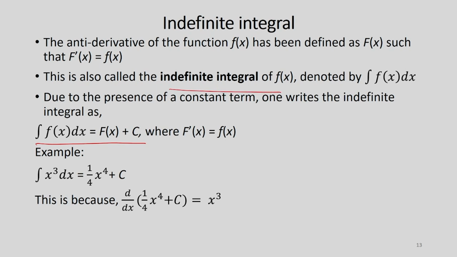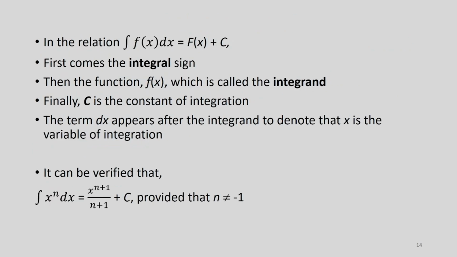Then we took one example where, let us suppose x cube, we have to find the integral of that, and we found that to be 1/4 of x to the power 4 plus C. And here is the conventional way we write it.